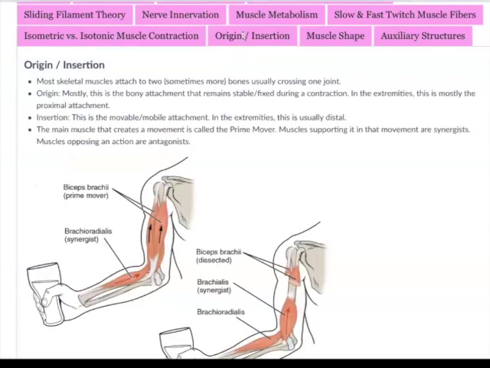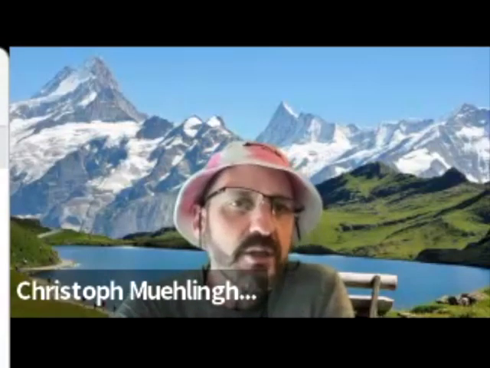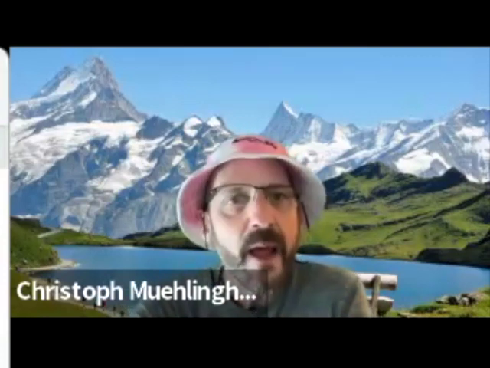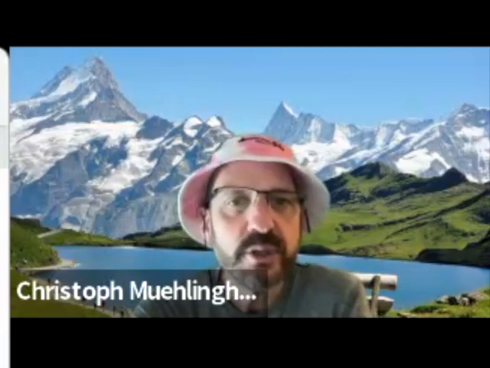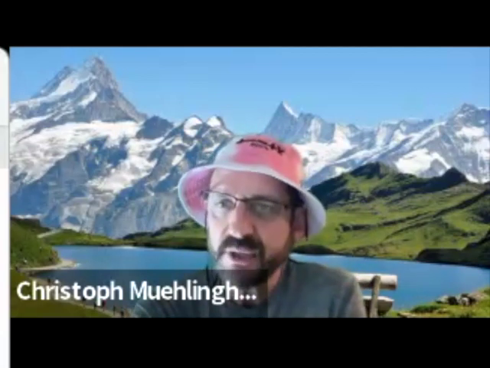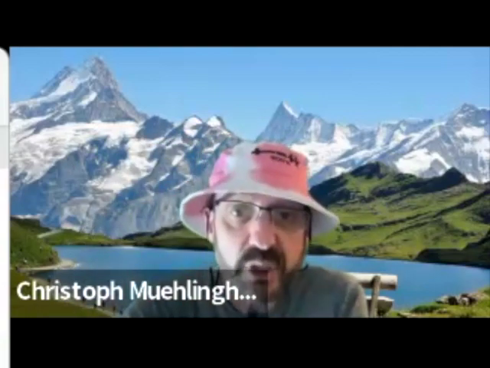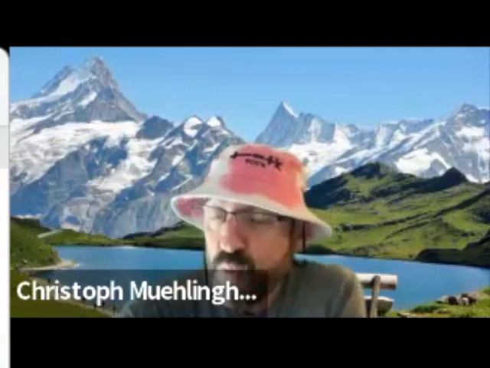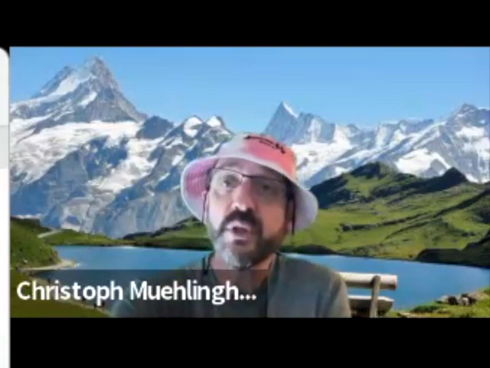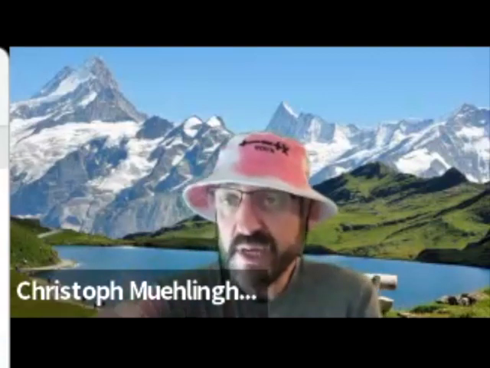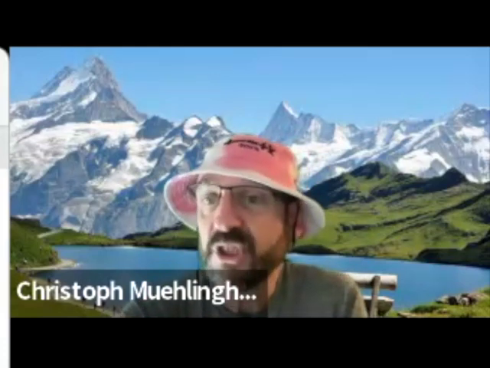Then another thing that is important is the terminology of the attachments of the muscle to the bone. We use the term origin and insertion for the muscle attachments. So we can call them just muscle attachments because every muscle attaches to two bones, or more than two bones, but at least generally speaking, two bones, because we usually don't attach to the same bone.